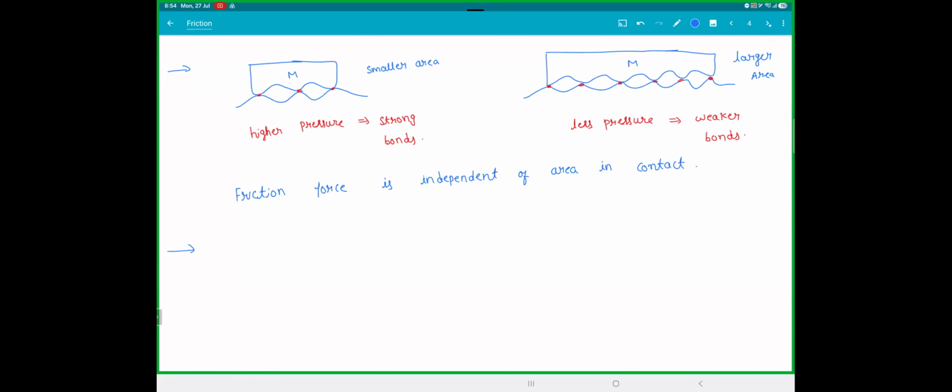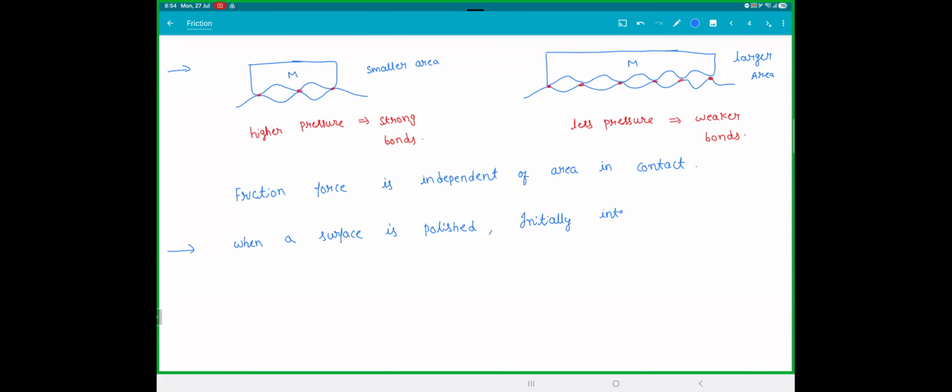Second thing, this is something even more weird. If you start polishing a surface, initially friction decreases. But if you continue to polish, the friction suddenly starts going up. Initially, interlocking decreases.